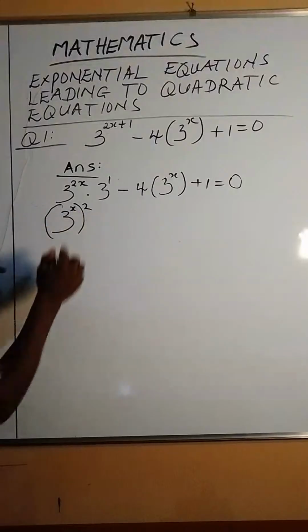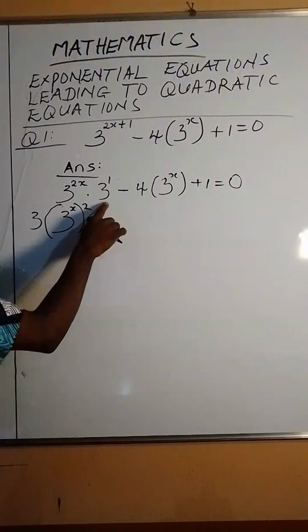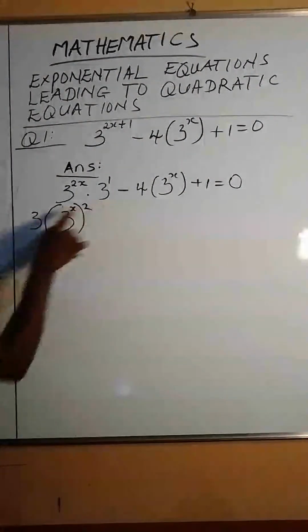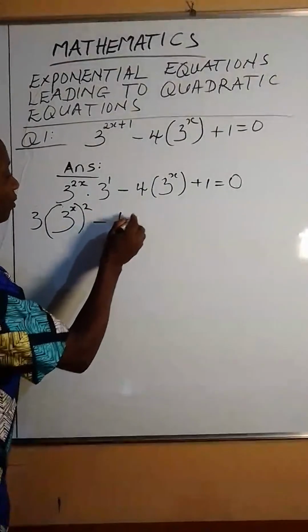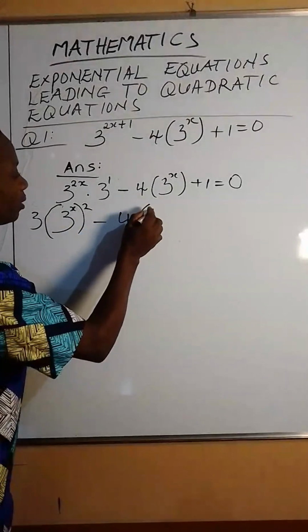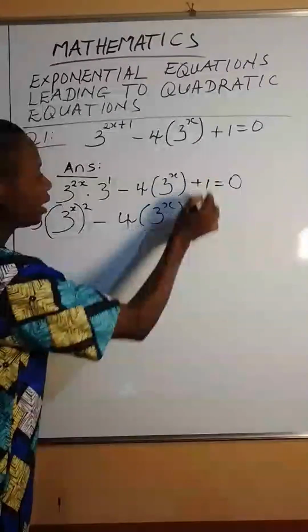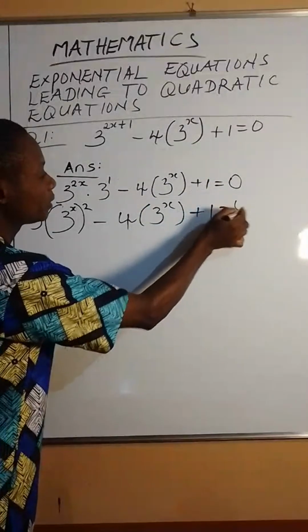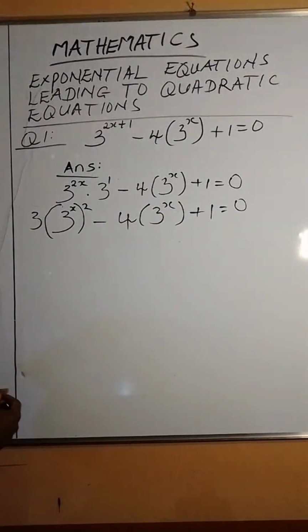Then this is 3, so we can put our 3 here, okay? Because we are multiplying by 3. So this 3 is this 3 here, and this is minus 4 raised by 3x. Then we have plus 1. Then we equate it to 0. So this is what we are going to do this morning.